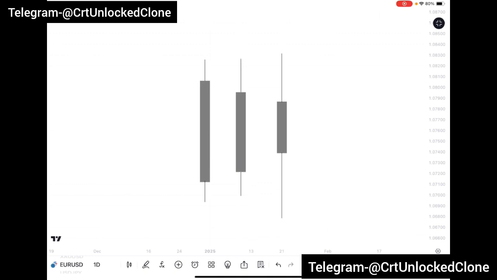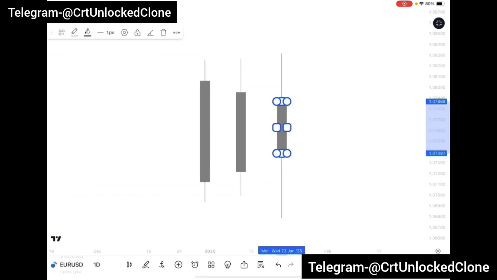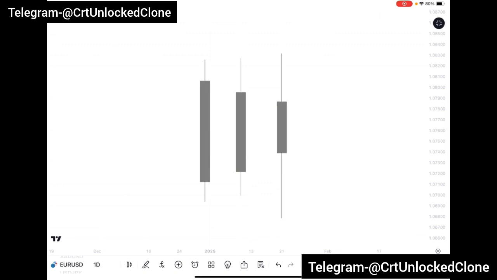Now everyone will doubt: bro, why are you saying that the third candle is not a CRT candle? Simple answer: the third candle is not as thick and bulky as the first two. Now listen carefully guys, I will teach you a simple method to find why it's a CRT candle and why it's not.